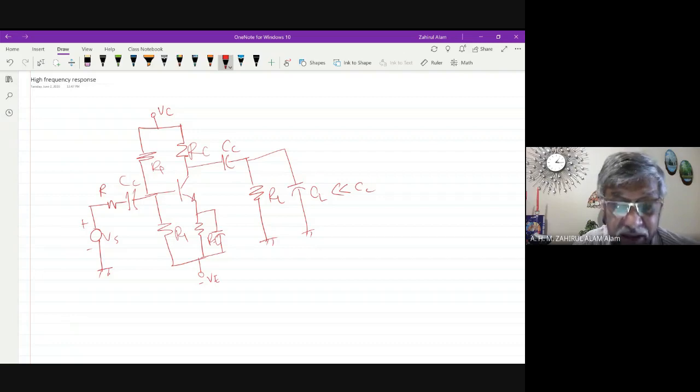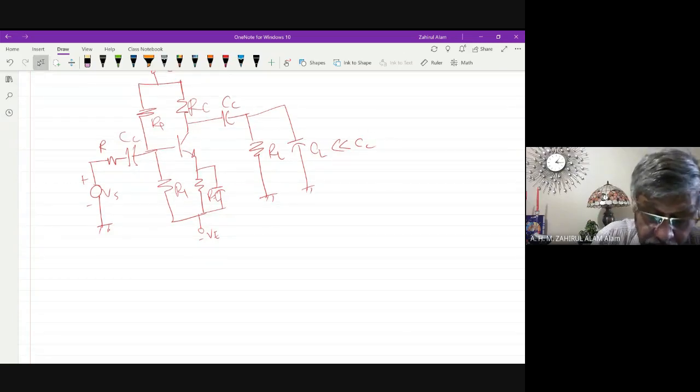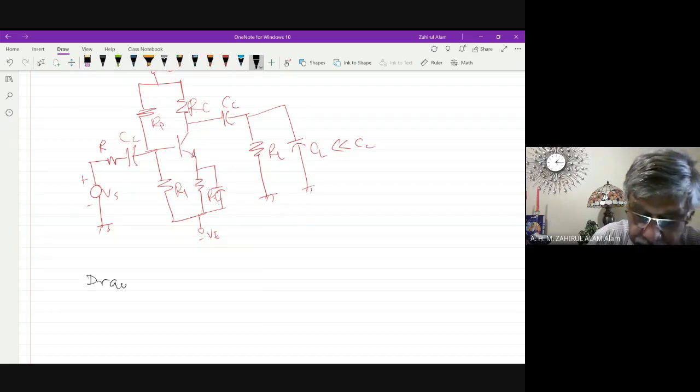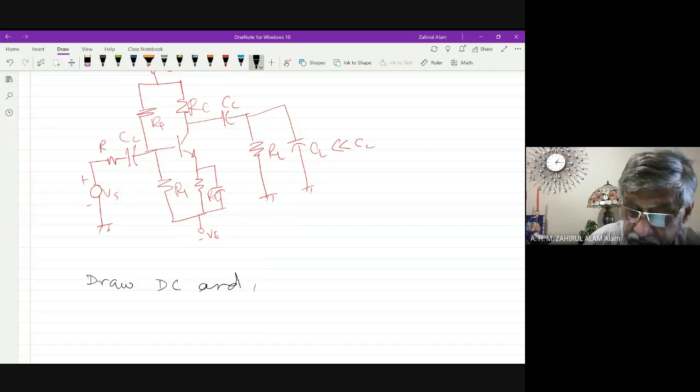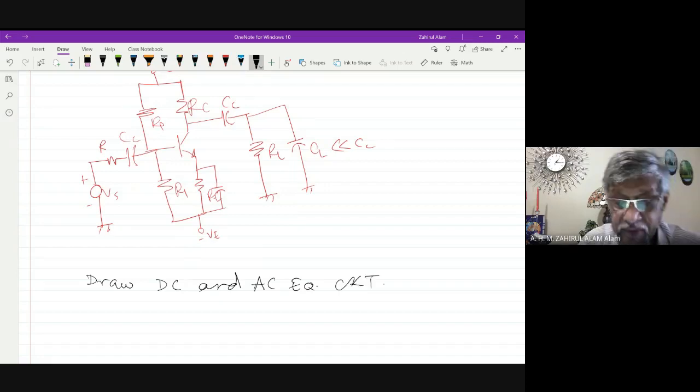If I ask you to draw the DC and AC equivalent circuit, can you draw this one or did you forget?